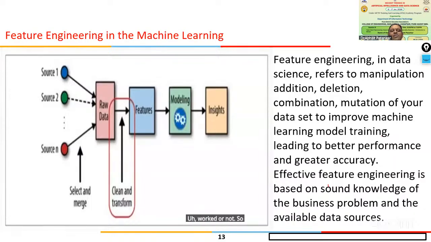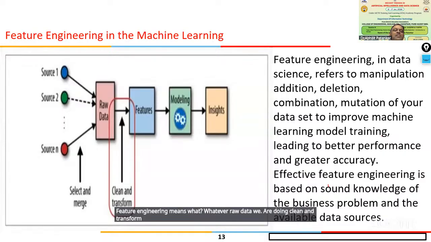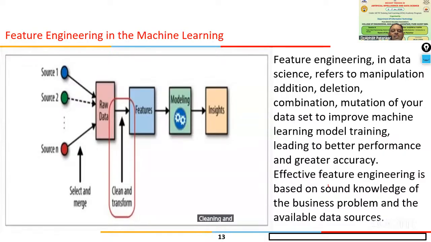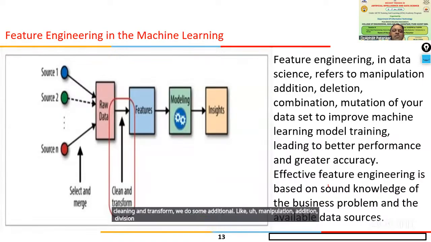So when we are doing feature engineering, whatever raw data we clean and transform, beyond cleaning and transformation we do some additional manipulation, addition, deletion, combination, mutation to improve the machine learning model training, leading to better performance and greater accuracy.